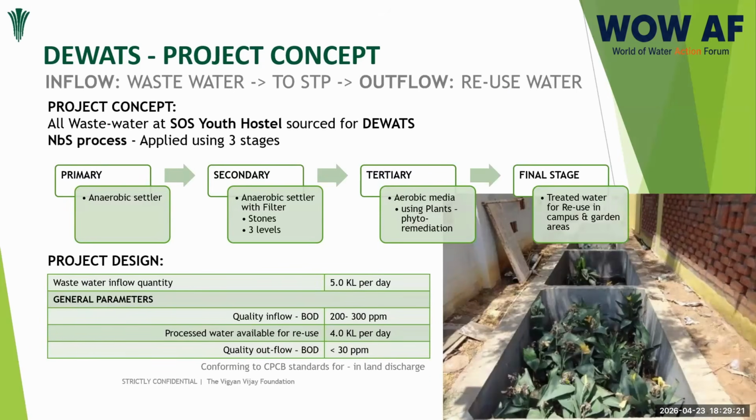Okay, this is one of the sites, and the right hand side has a picture showing phytoremediation using Canna indica plants, and it is also explaining the total project and project concept. Now this project which we had done is in a children's home.